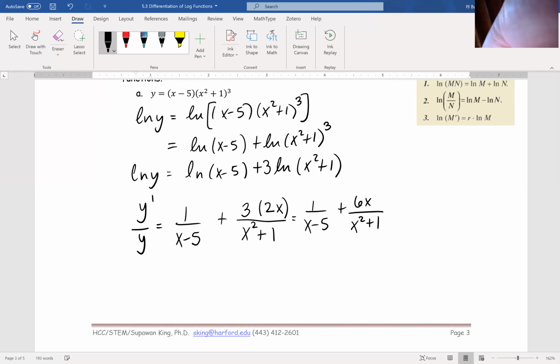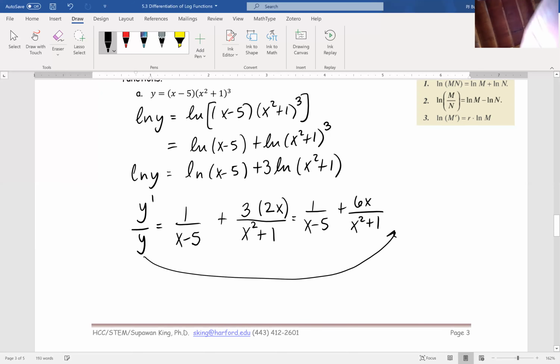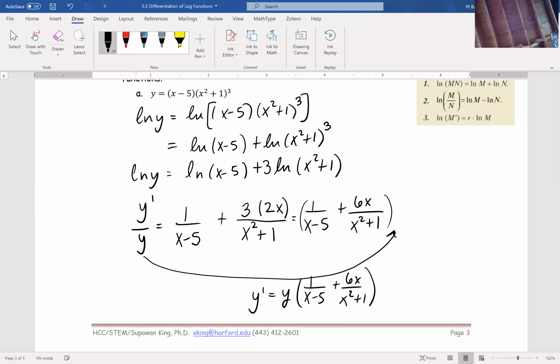now the last step is, of course, we want y prime. So we're going to take this y and multiply it on the other side. So y prime is equal to y times everything over here. And so then we would plug in y, which was the entire original equation.